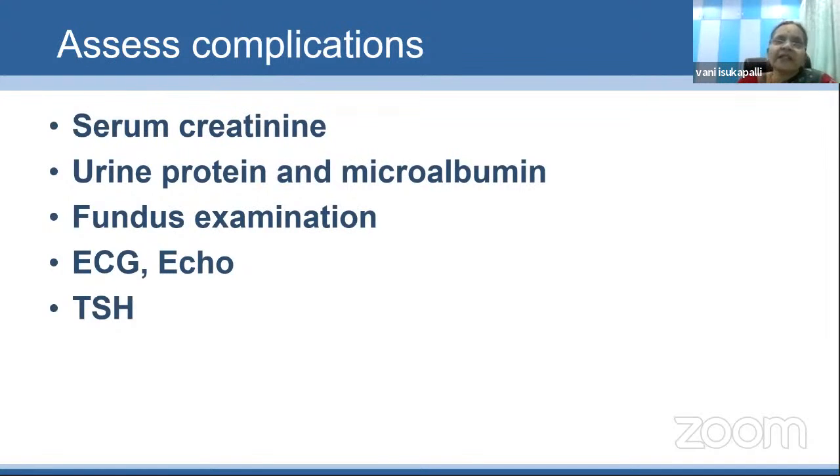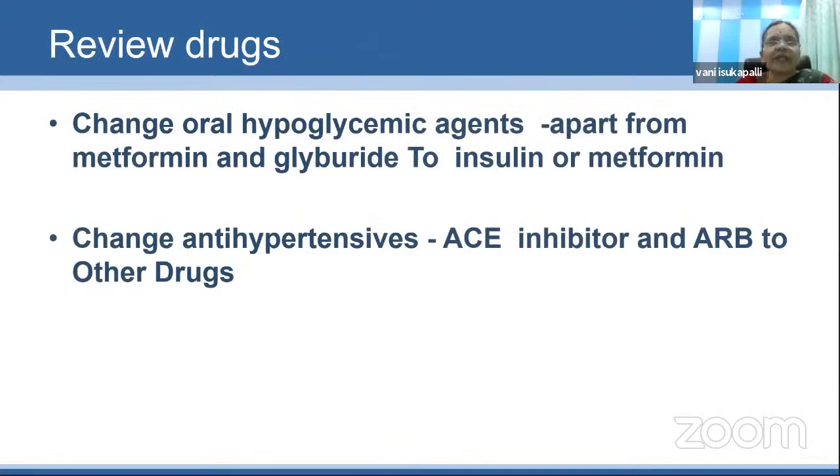And in assessing the complications, we need to do serum creatinine, urine for microalbumin, fundus examination for any retinal changes, ECG and a 2D echo to see whether any cardiac malfunction has already set in, and any associated hypothyroidism. So these are the other investigations as a part of preconceptional counseling.